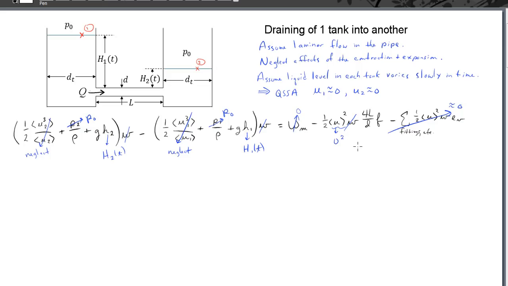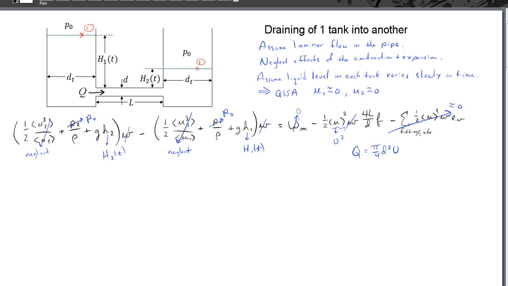And Q is equal to pi over 4 d squared times capital U. Volumetric flow rate is just the cross-sectional area multiplied by the mean velocity in the pipe.